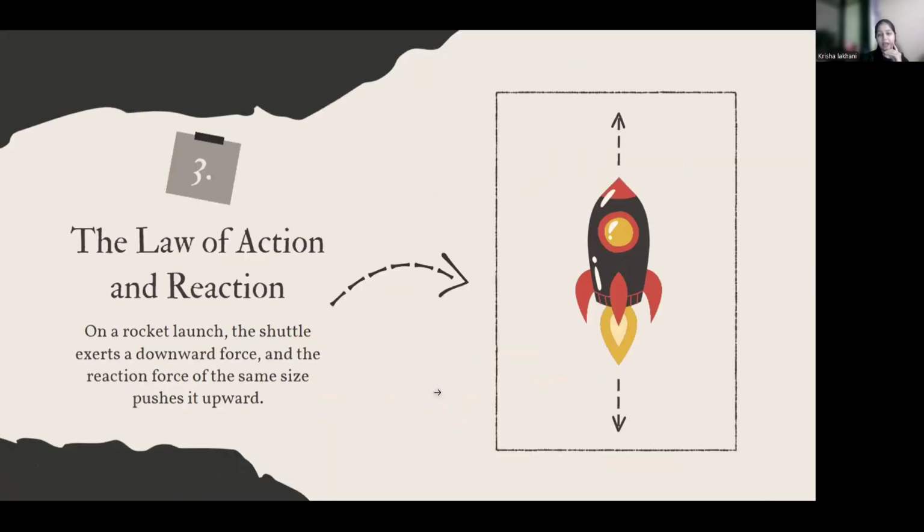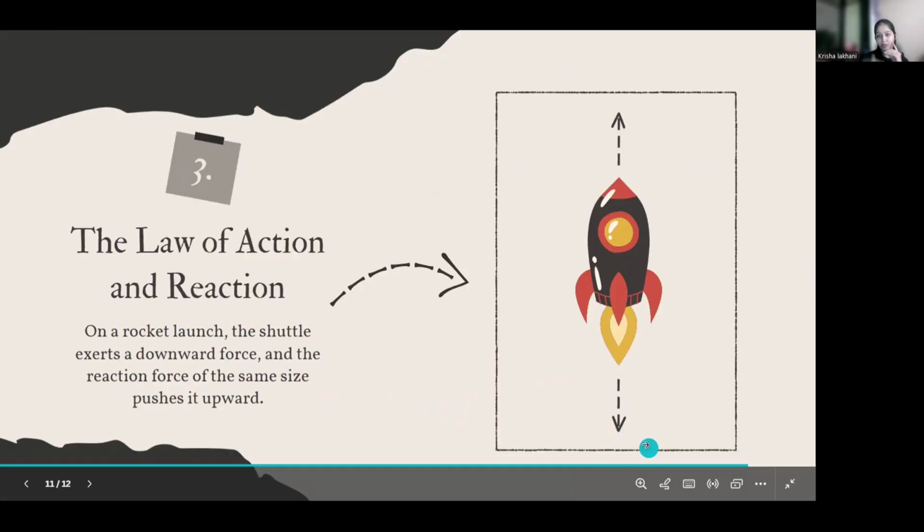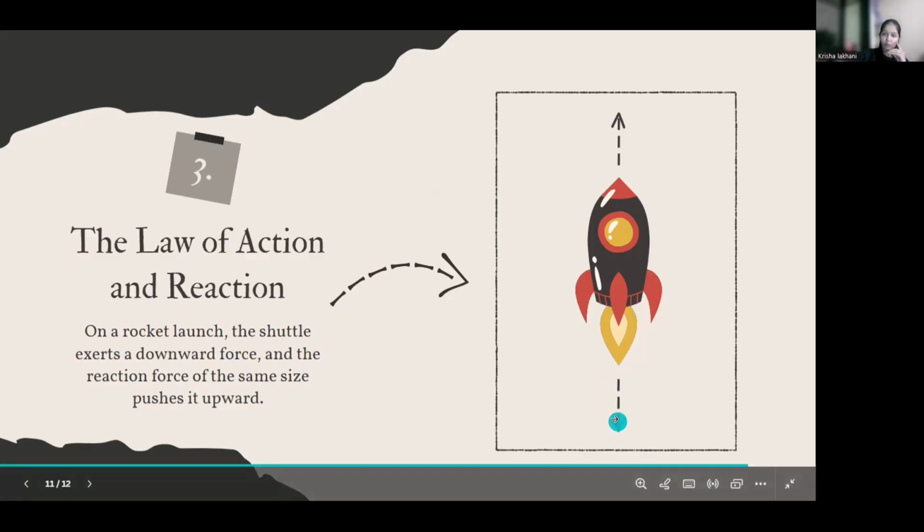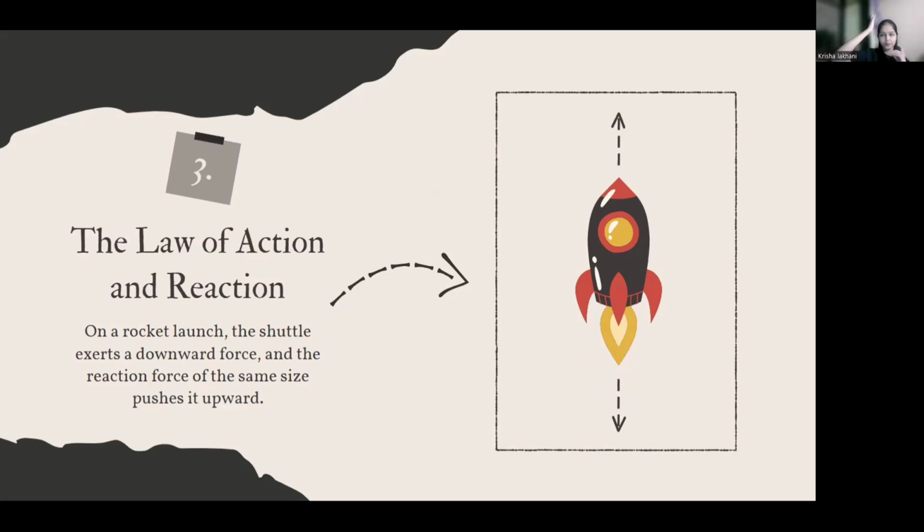Means if I am applying some force downwards, the fire here, the engine here, the rocket here is exerting some pressure downwards, and because of this downward force it can move upwards. Can you understand this? It is pushing itself downwards and it is moving upwards, means it is showing some reaction, and due to which there is an opposite reaction.